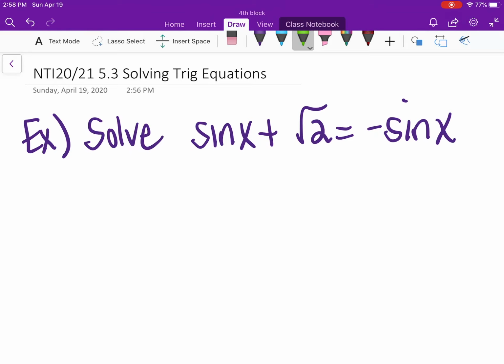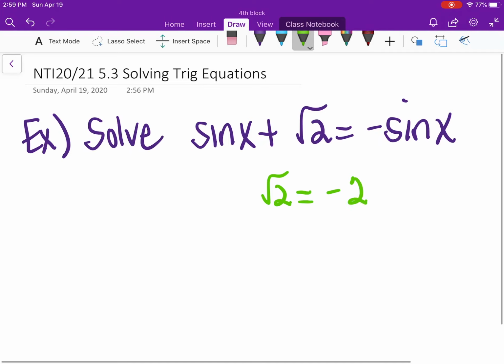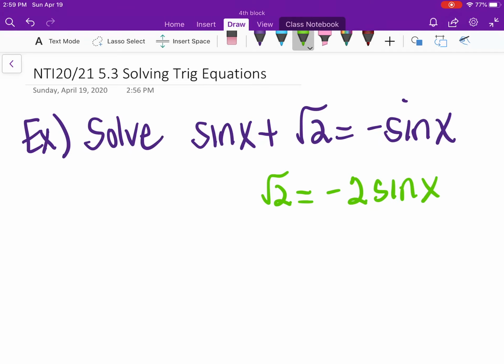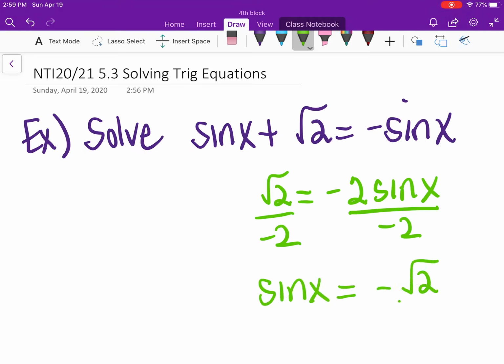So the first thing I'm going to do is put the sines all on one side. So I have radical 2 is equal to negative 2 sine x. Then to get sine by itself, I would divide by negative 2. And so that leaves me with sine x is equal to negative radical 2 over 2.